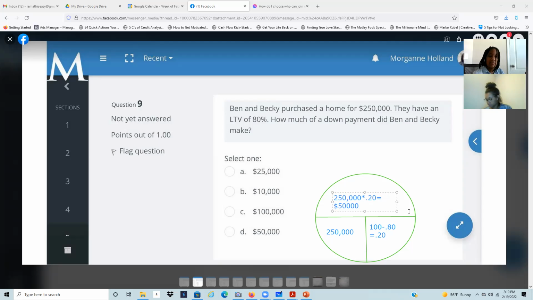So this one is pretty straightforward. Just take the 250,000 times 0.20 to get 50,000, and that's the down payment. All right, going to the next one.